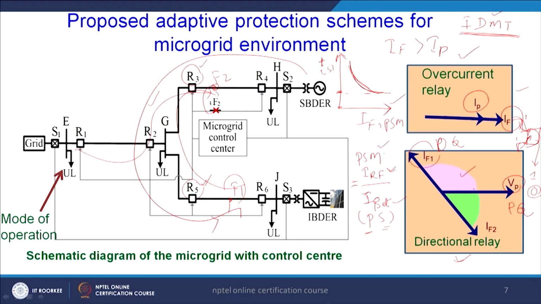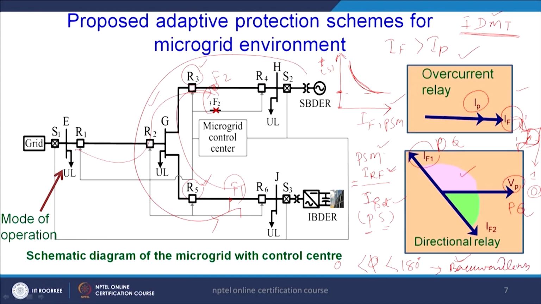Now, if the angle phi between this current and the voltage lies between 0 and 180 degrees, then the fault is declared to be behind this relay, in the backward direction of the relay.